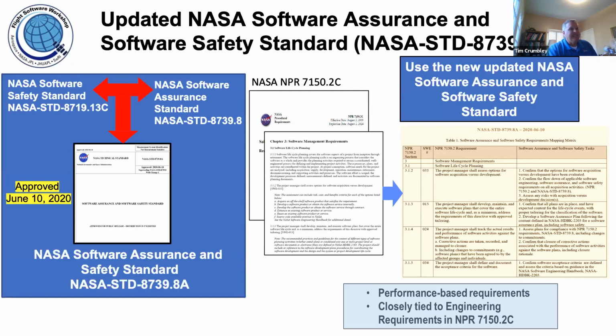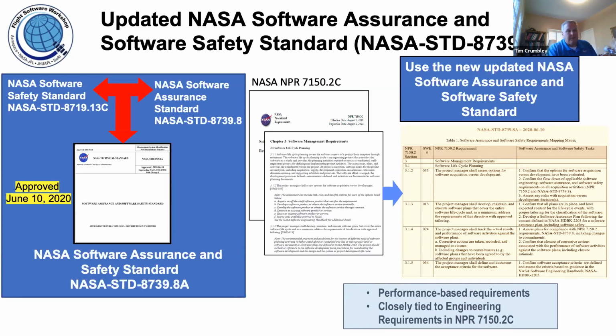It is directly tied to our software engineering requirements in NPR 7152, in a one-to-one relationship: what are the assurance and safety steps needed to go along with the engineering activities that are supposed to be done?